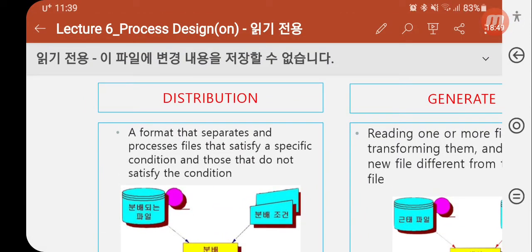Distribution pattern is a format that separates and processes files that satisfy specific conditions and those that don't satisfy the conditions.